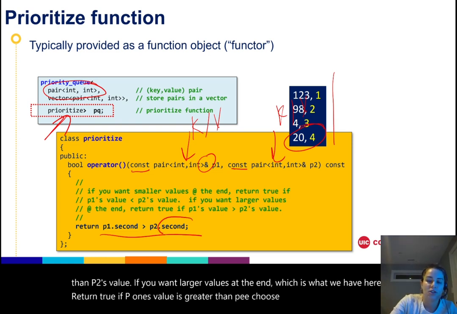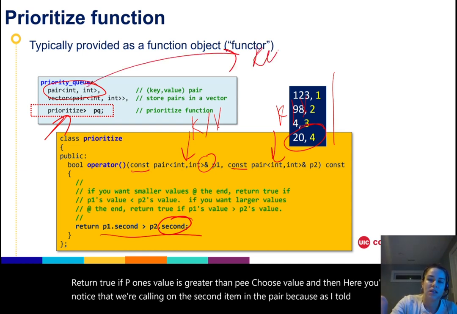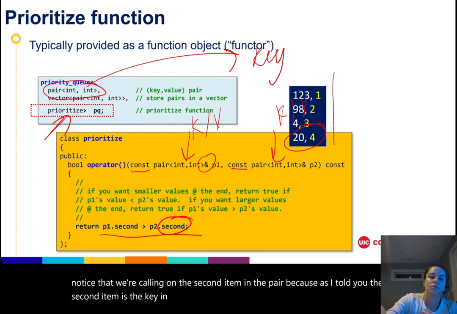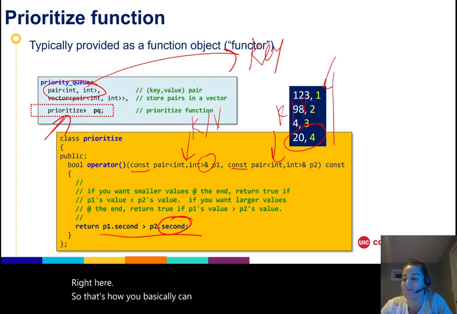And then here you'll notice that we're calling on the second item in the pair because, as I told you, the second item is the key in our example. Right here. So that's how you basically can use the built-in priority queue.